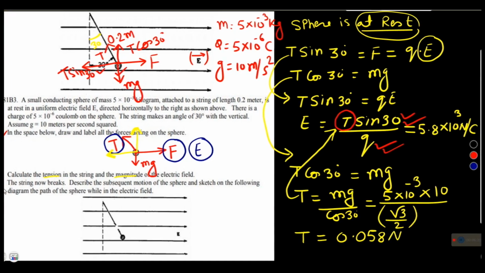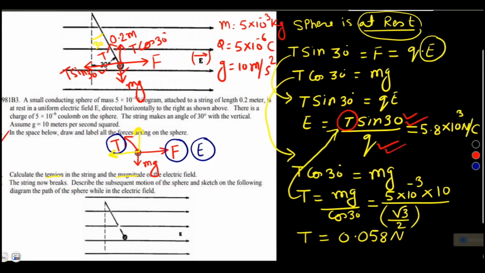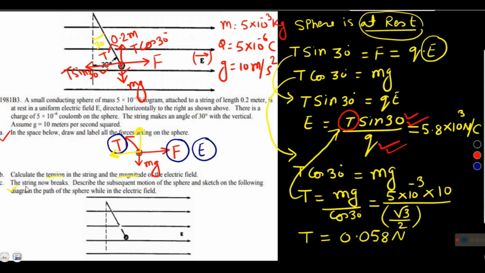For the third part, that is the C part, right friends, please see, the string knob breaks. According to the third part, our string knob breaks. Describe the subsequent motion of the sphere and sketch on the following diagram the path of the sphere, right, while in the electric field.